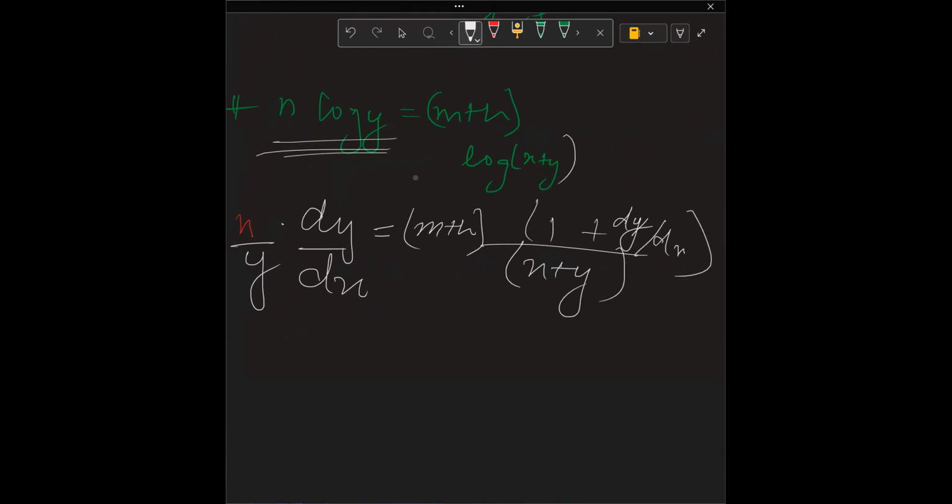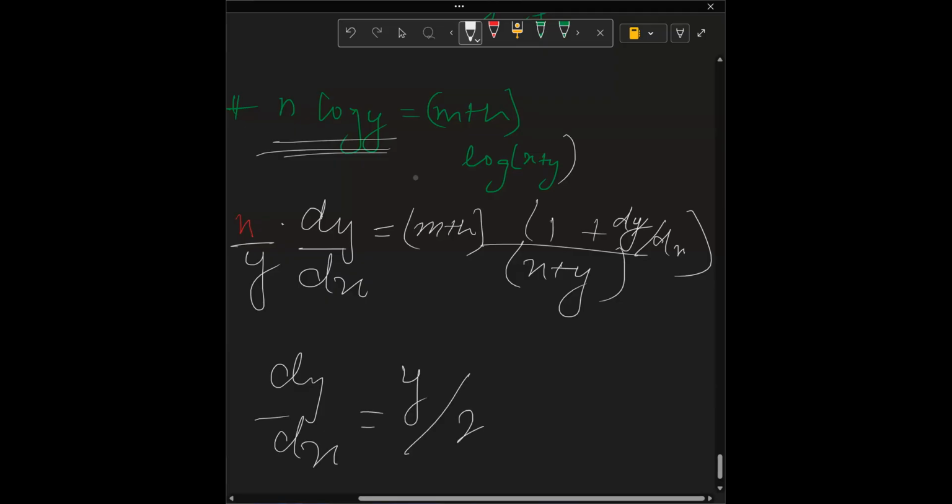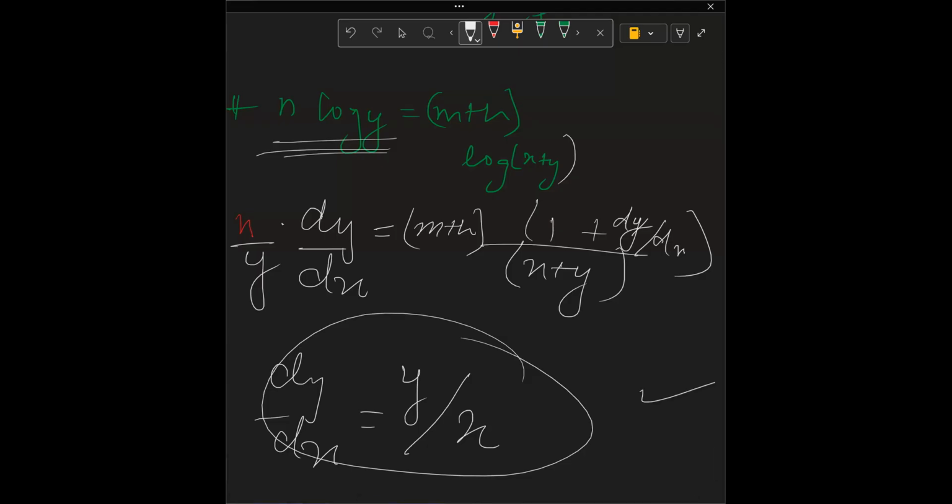Got it? So now what we have to do is just simplify this. Simplify करूंगा, dy by dx find करूंगा. So this is going to be y over x. So this is what we had to prove. All right, any doubt? Okay, let's see the next one.